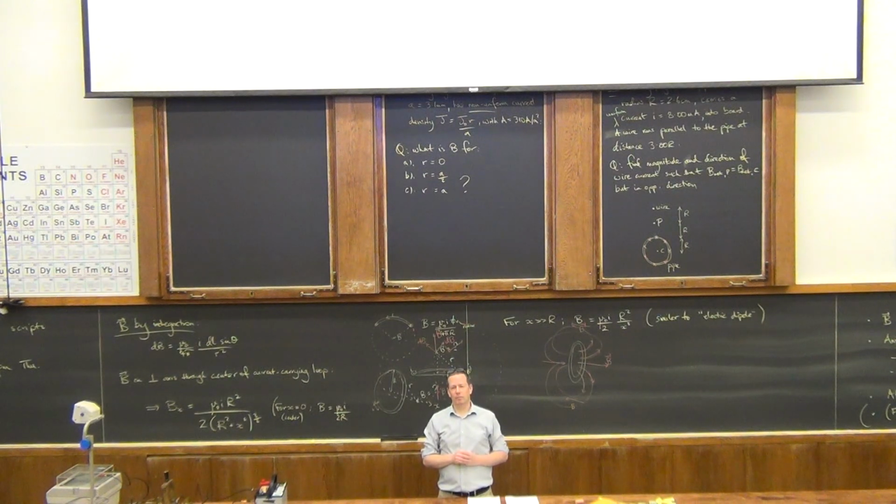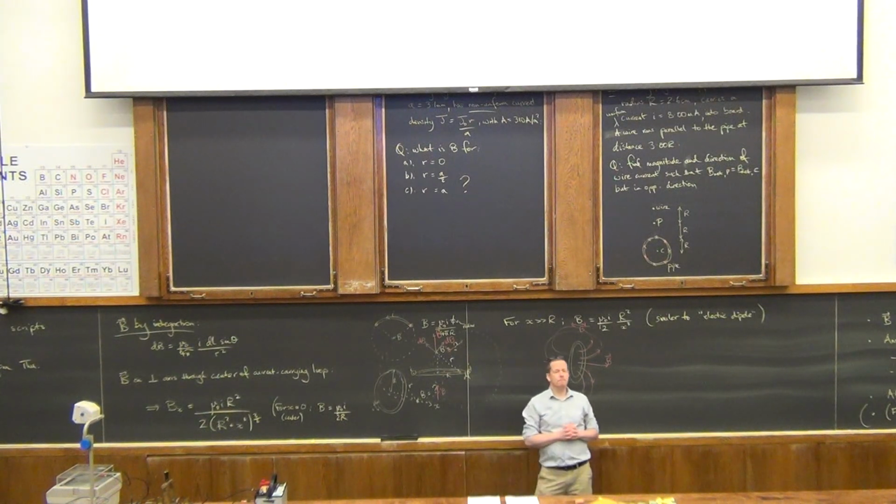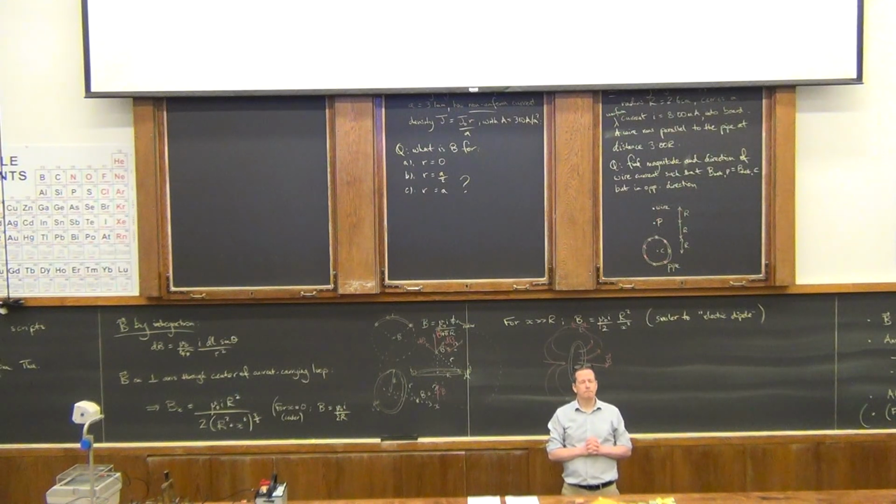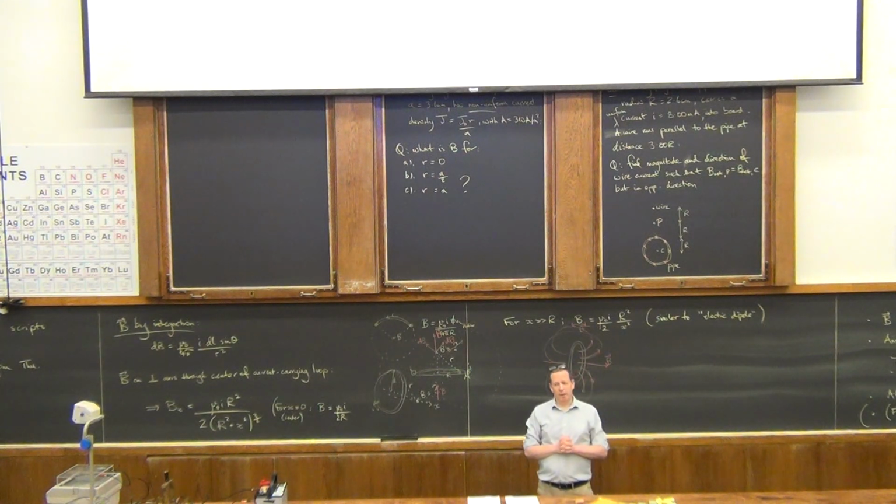Like take a slice of it. Can we take a slice of the wire, like we did for the electric case, like the current that flows through? I'll try and ask this one last way and then I'll tell you the answer.